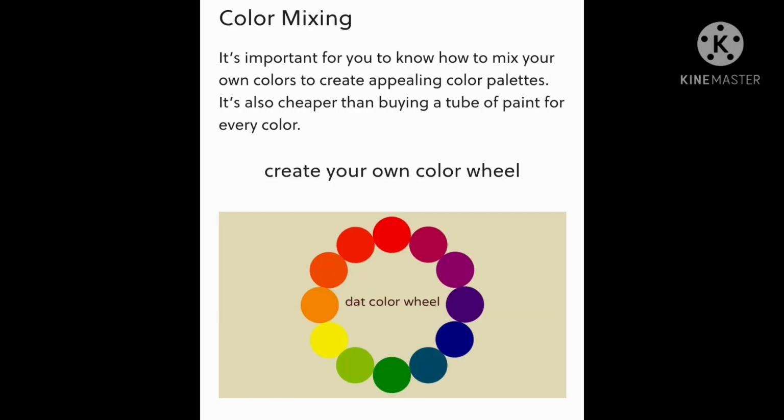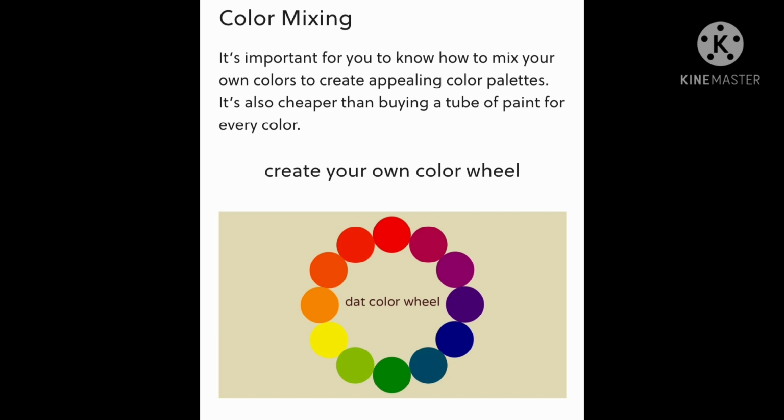The first topic that we are going to cover today is color mixing. It's important for you to know how to mix your own colors to create appealing color palettes.